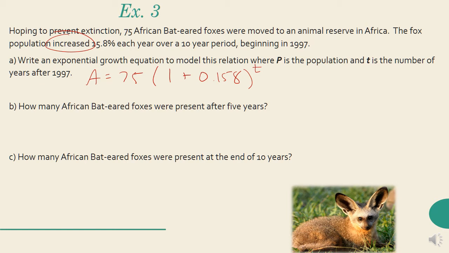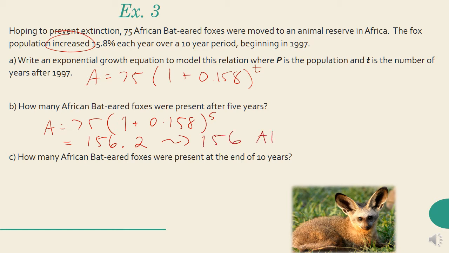How many are there after 5 years? A equals 75, 1 plus 0.158 to the 5, which equals 156.2. Rounding to the nearest 1 would be 156. I'm just going to abbreviate their name, African bad-eared foxes.